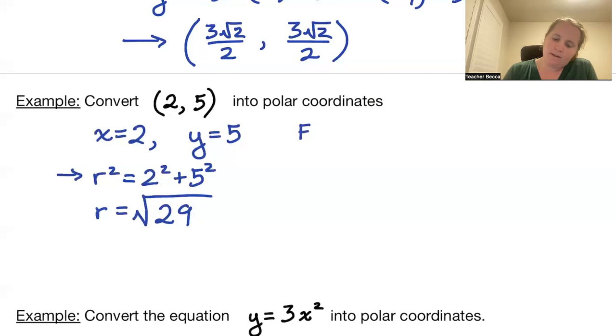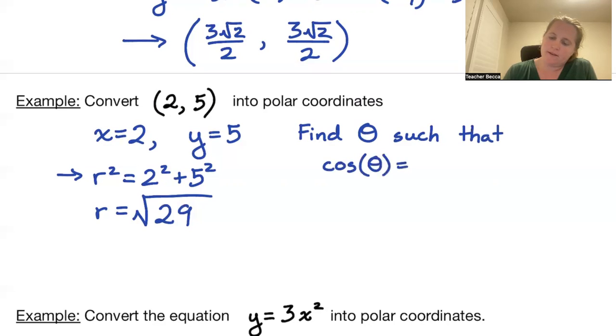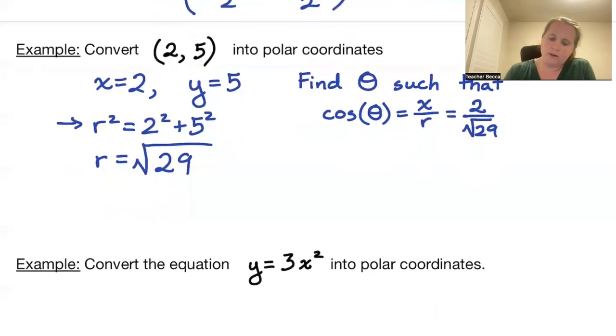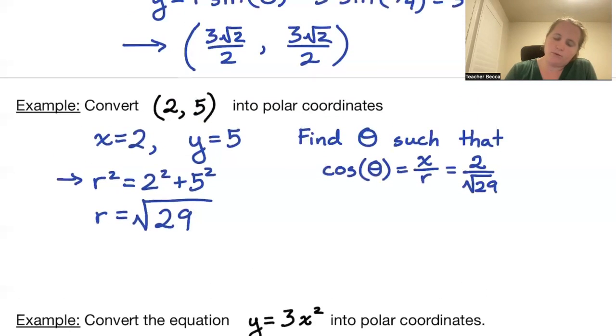Now we need to find theta such that cosine of theta is x over r, or in other words, 2 over the square root of 29. And we know (2,5), so if we think of the point (2,5), this is in the first quadrant.